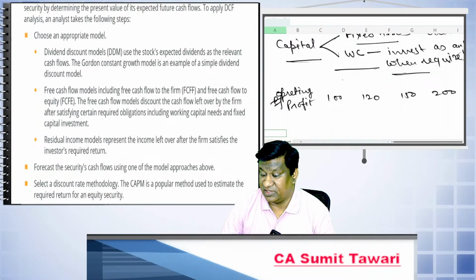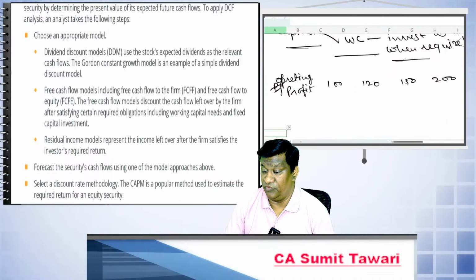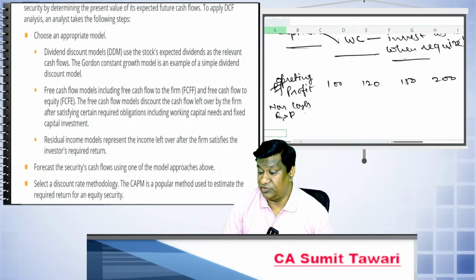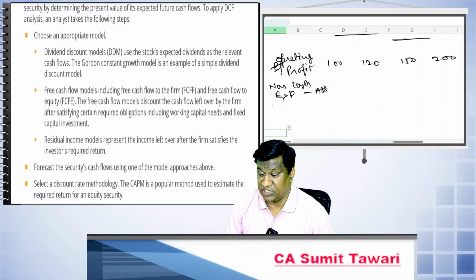So while calculating the free cash flow, whatever may be the non-cash expenses, we need to add back, and non-cash gains we need to reduce.